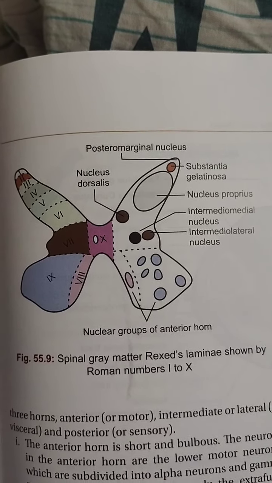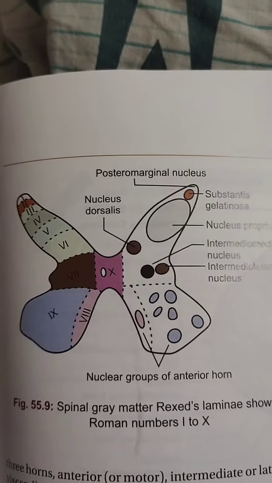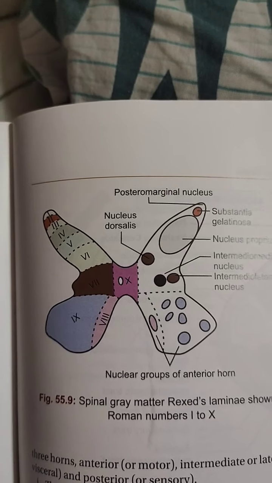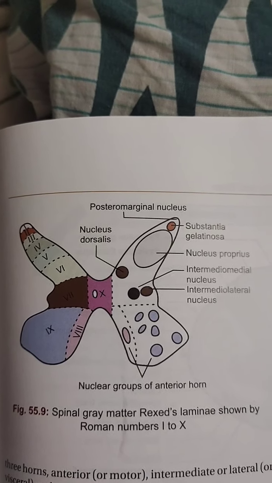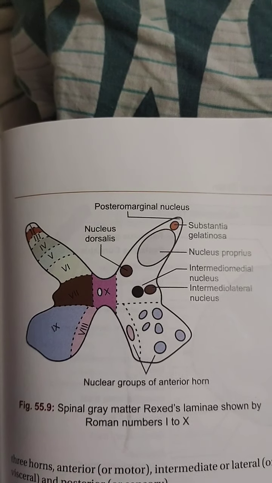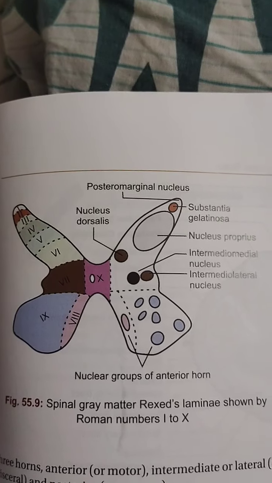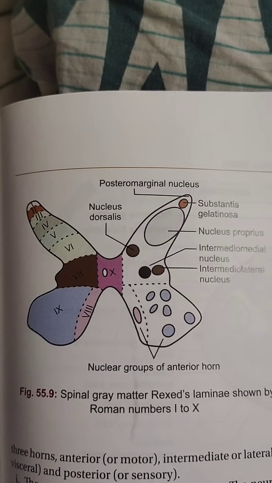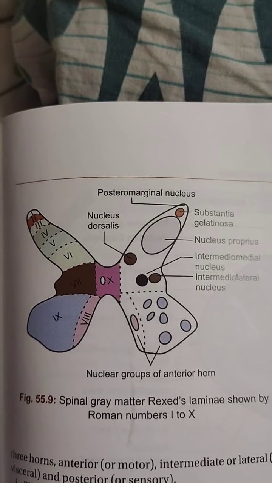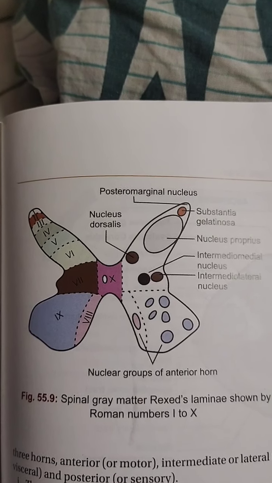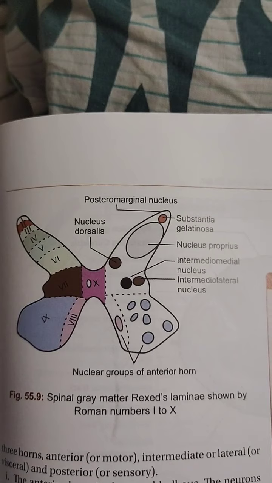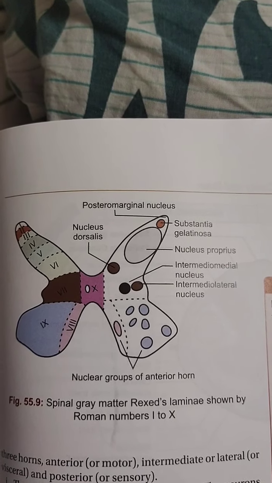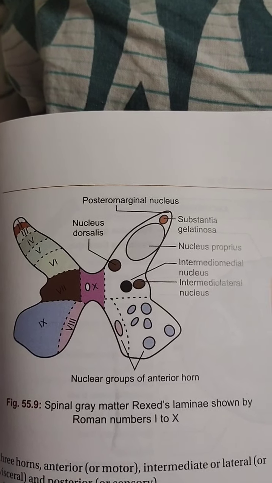It consists of all the neuronal cell bodies, classified by a great scientist named Rexed, and it is named after him as Rexed's pattern, called Rexed's laminae, numbered from 1 to 10. We'll study what the types of neurons are and the functions of these neuronal cell bodies.